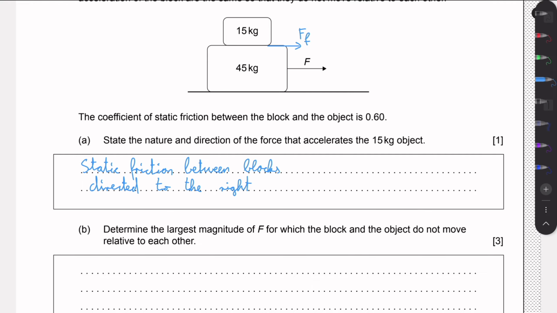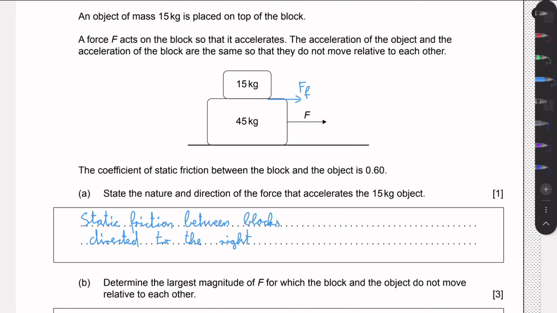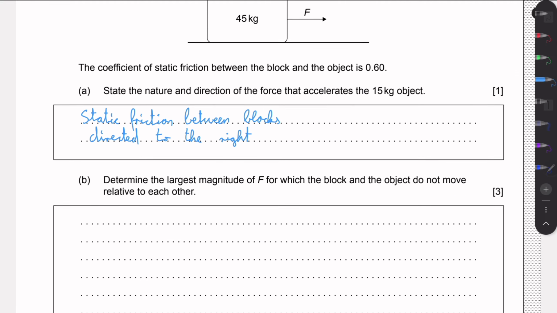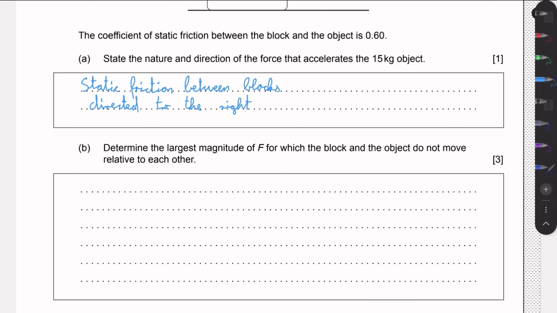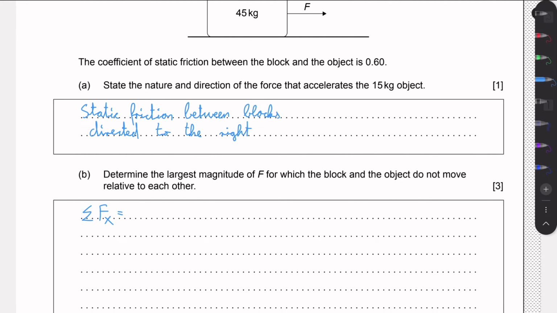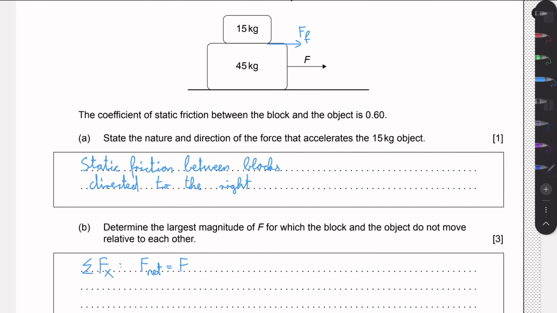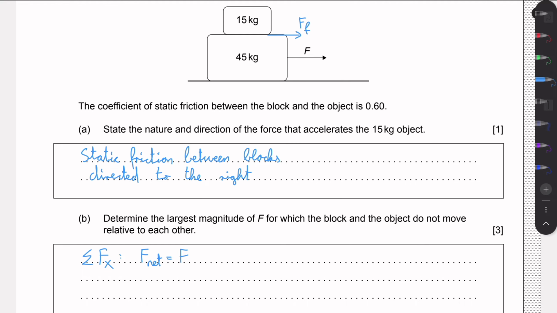First of all, we know that in this whole system, the only force acting is this F. So if we want to write Newton's second law, the sum of the forces in the x direction, then we could just say that the F net is equal to the force we have here, as this is the only force being exerted on the system as a whole.